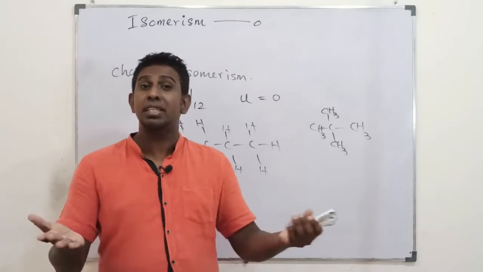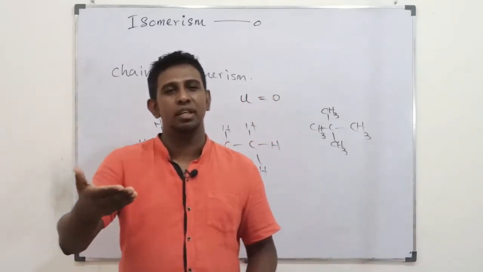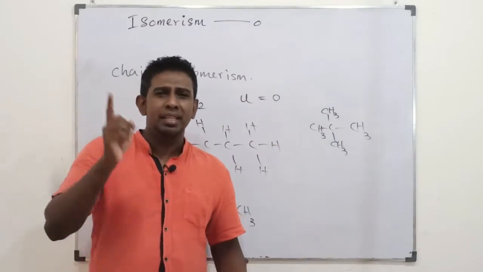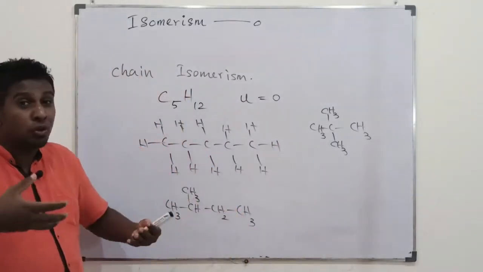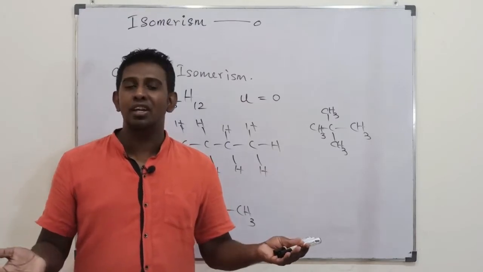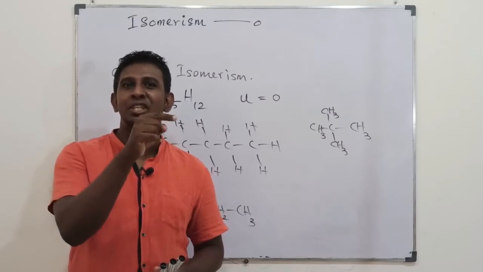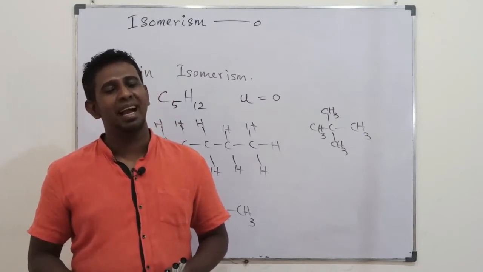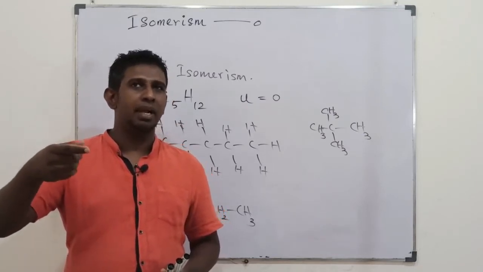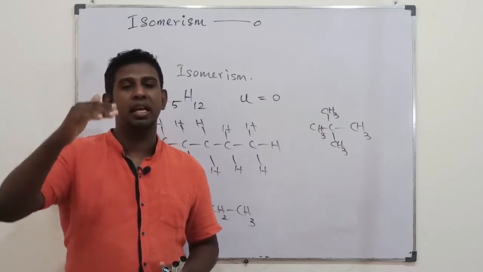If the structural formula is different, it's obvious the structure is different. This way, if you get your isomers, we call them chain isomers or chain isomerism. That's one type belonging to constitutional isomerism. Students, it's under structural or constitutional isomerism.